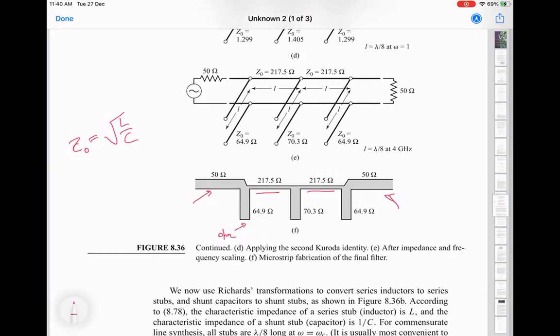But what sets that size? It's actually related to the height of the dielectric and the dielectric constant itself, right? So it is possible to imagine a scenario where you have a very, very thin circuit board, so a very thin dielectric and a very high dielectric constant, in which case it will be possible to construct smaller circuits as well. So it will be possible to construct low impedance transmission lines which are not very large.